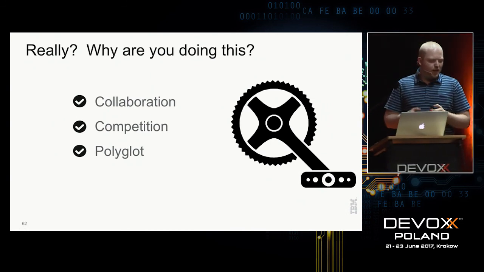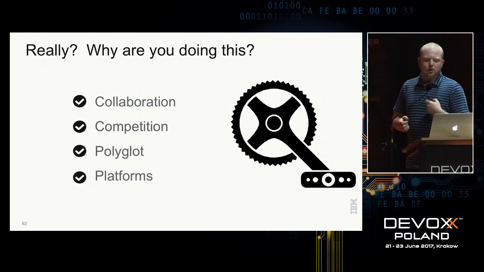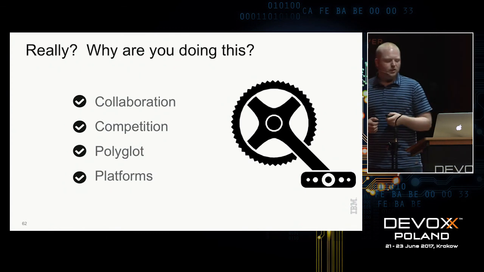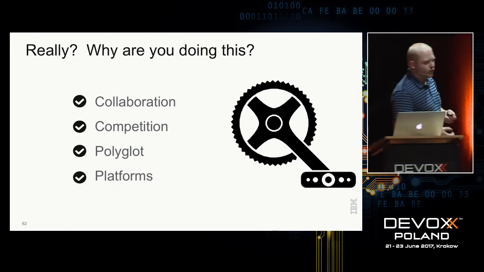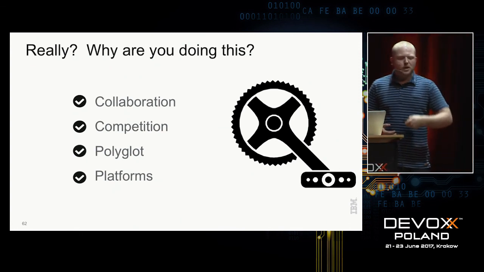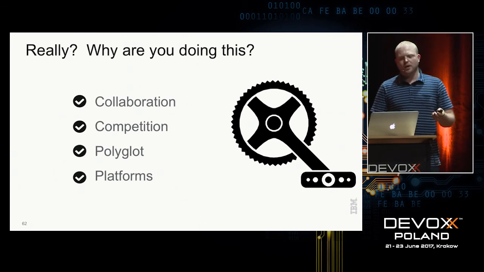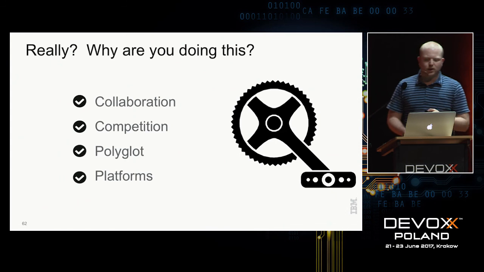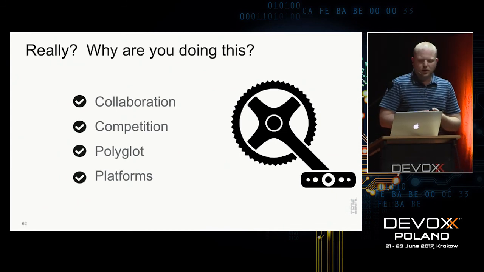And there's also the platform point. Being open makes it easier to move to new platforms faster. So where we maybe didn't have the focus or wouldn't focus on a particular platform, putting the code out in the open means that anyone in the community can pick it up and port it to a new platform where they want it to run. And that will immediately benefit the rest of the community.